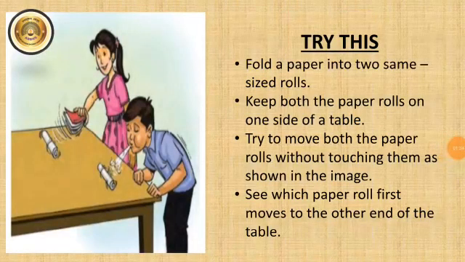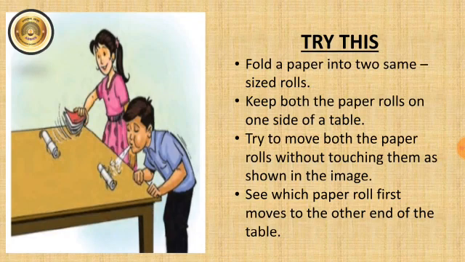Now try this. Fold a paper into two sized rolls. Keep both the paper rolls on one side of the table. Try to move both the papers without touching them as shown in the image. See which paper rolls first or moves first to the other end of the table.